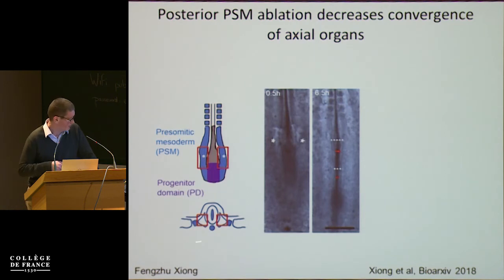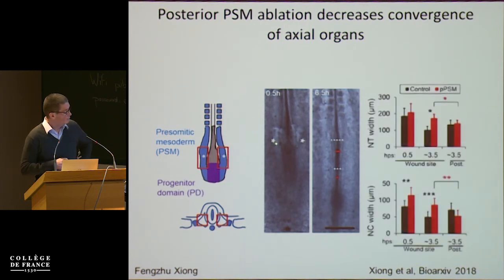And so this has been investigated by Fengshu Xiong, a postdoc in the lab. And what Fengshu did is first to reproduce the experiments that Bertrand did, this ablation of the posterior presomitic mesoderm. And what he saw is that it stops the elongation, as I told you, but also he noted that in this context, the axial organs did not converge as in normal embryos.